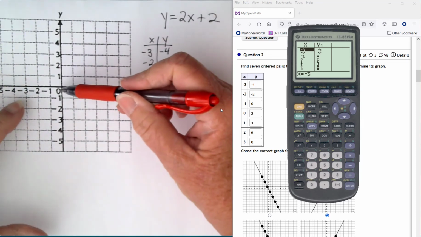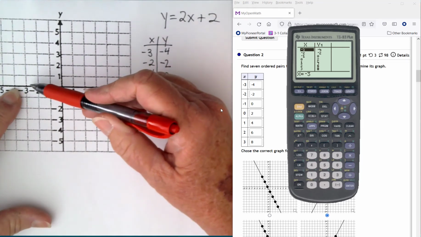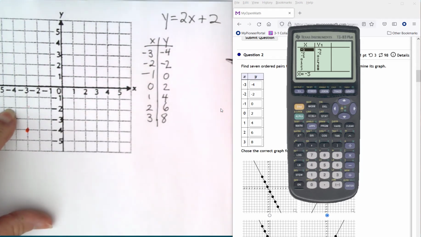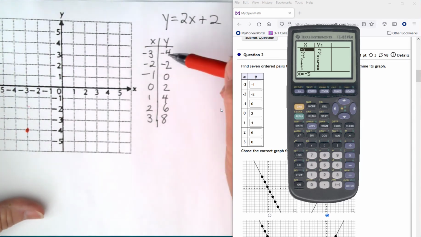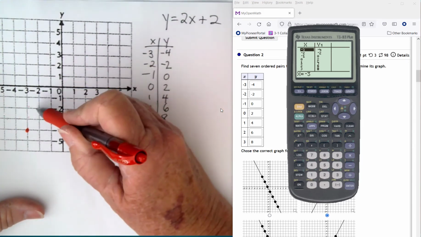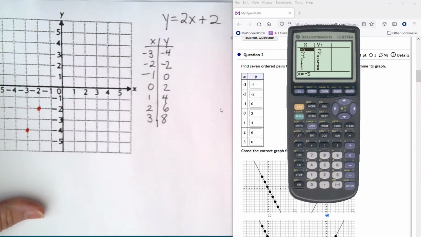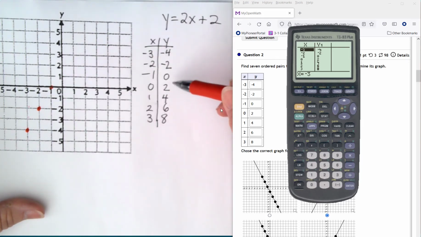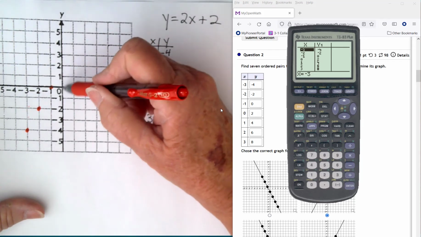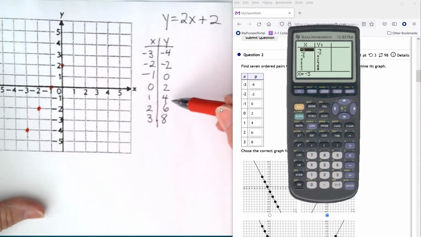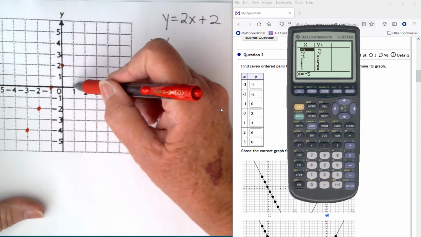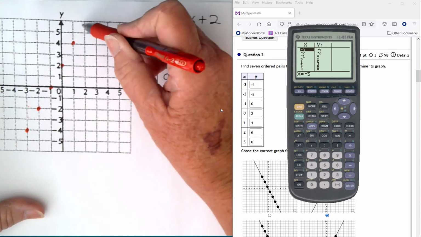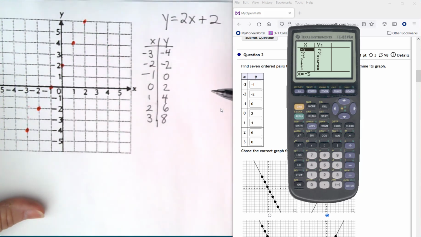So -3, -4, but this is not one I would ever choose point plotting if I wasn't needing that table. -2, -2, -1, 0, 0, 2, so don't go over, go up 2, 1, 4, over 1, up 4, 2, 6, and the last one's going to go off my grid, so I won't bother with it.